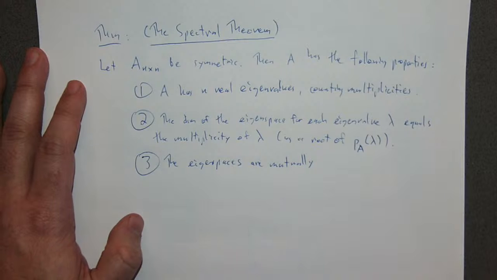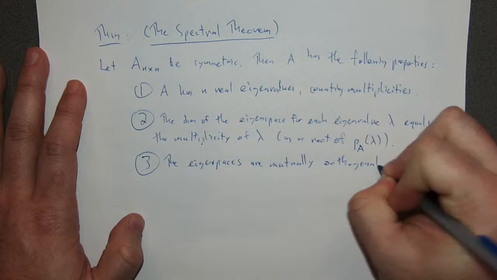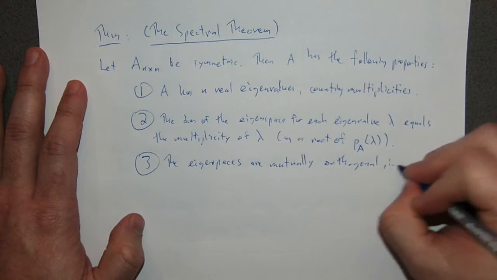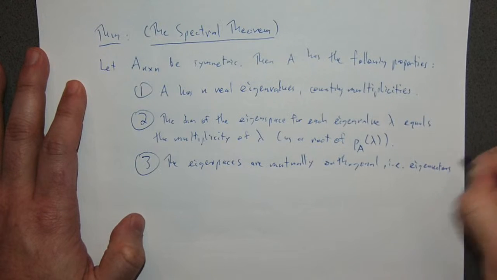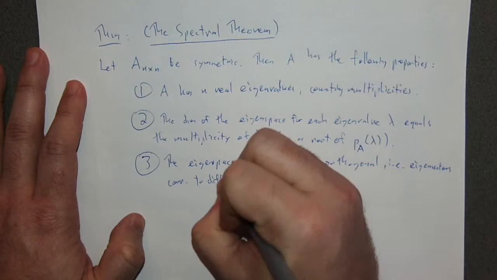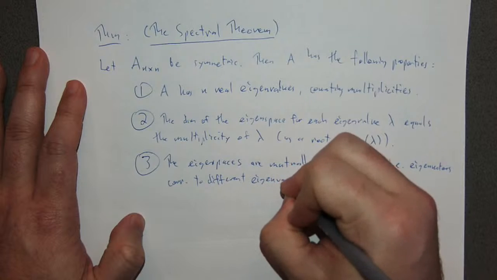So the eigenspaces are mutually orthogonal, i.e. eigenvectors corresponding to different eigenvalues are orthogonal.